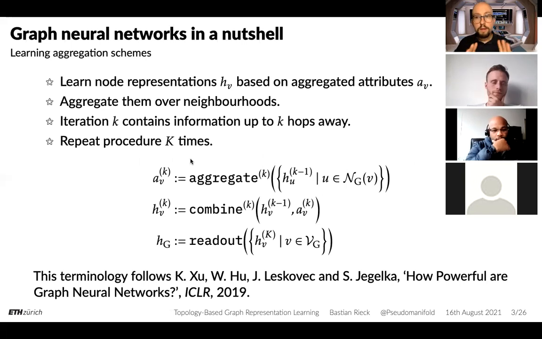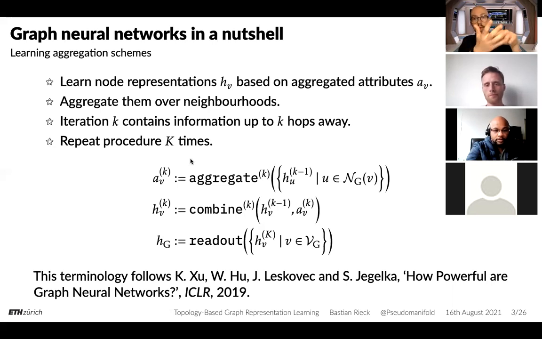Now, to give you a brief overview of graph neural networks in a very, very small nutshell. It's not a big nut that I'm talking about. Here's just a very, very tiny nut. The main idea of graph neural networks is that you want to learn an aggregation scheme over the neighborhoods. So you want to learn some kind of hidden node representation, HV, based on aggregated attributes of the neighborhood AV. Those are, as I said, aggregated over the node neighborhood.